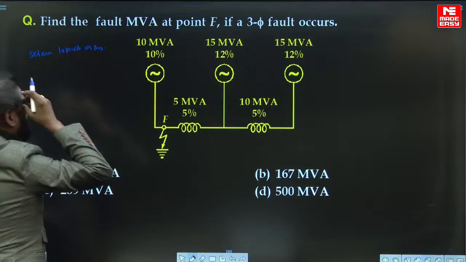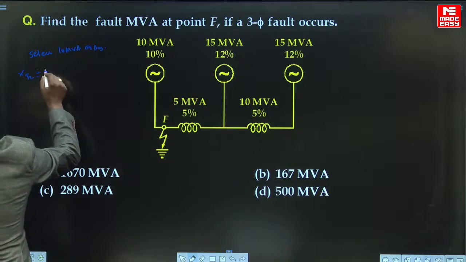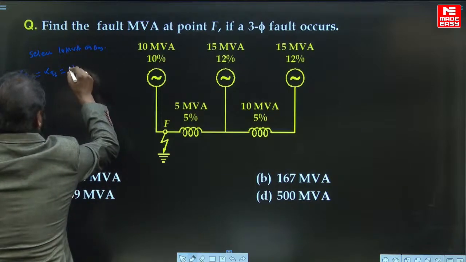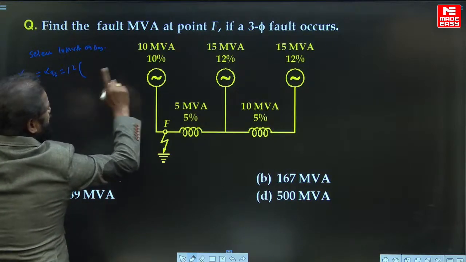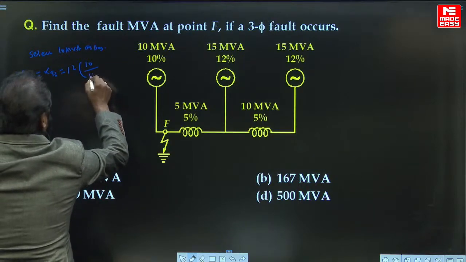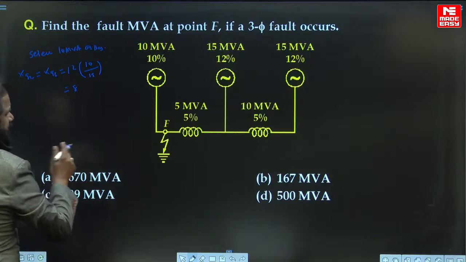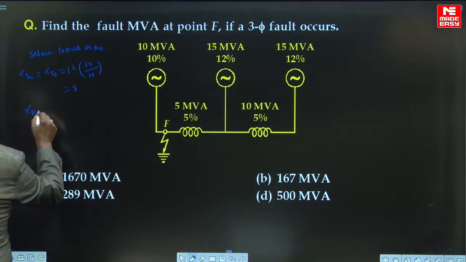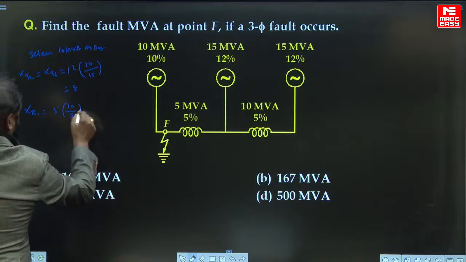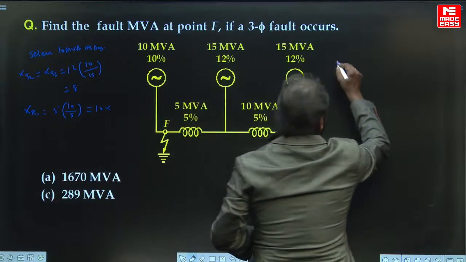Then Xg2, Xg3 equals 12 into new 10 by old 15, which equals 8, and XR1 equals 5 into 10 by 5, which equals 10.